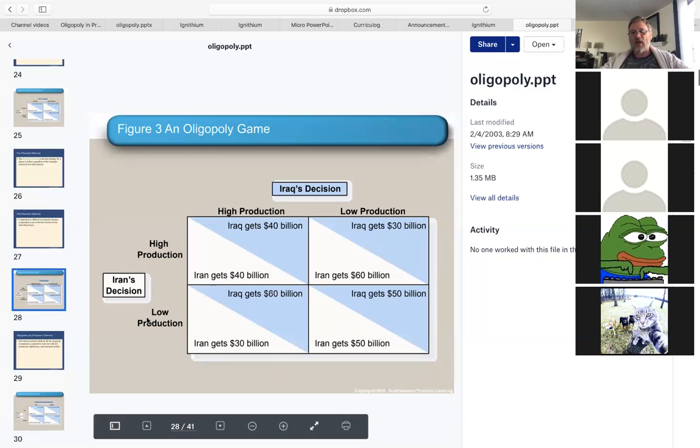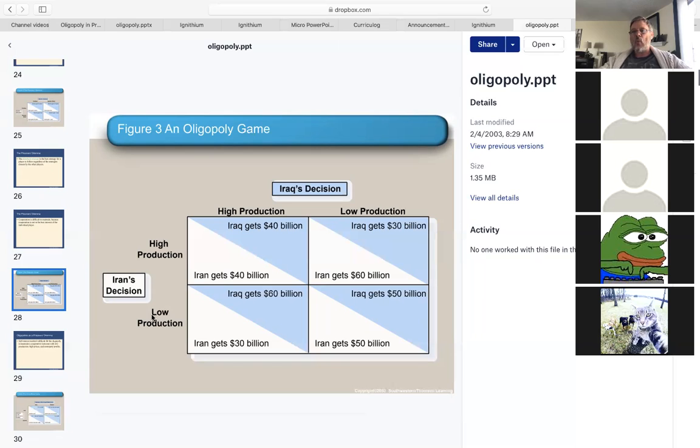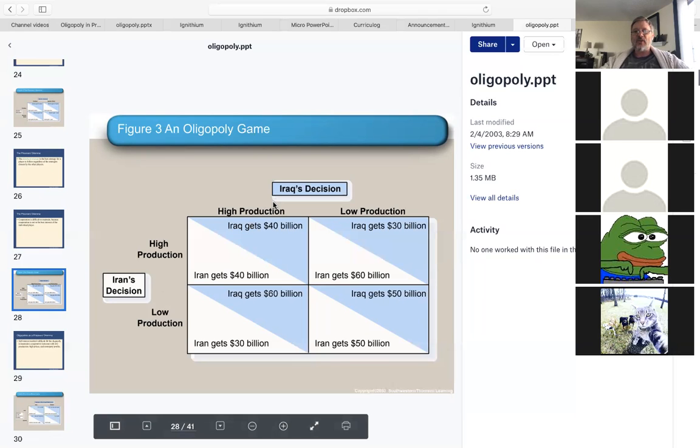So let's go ahead and walk through again the Nash Equilibrium solution. We look at, again, for each player, what's the best action, holding the action of the other player constant. So if Iraq chooses high production, Iran chooses between high and low. Well, 40 is better than 30, so Iran chooses high production.